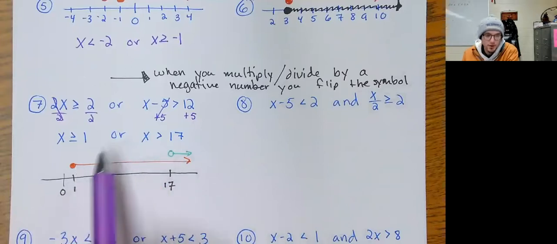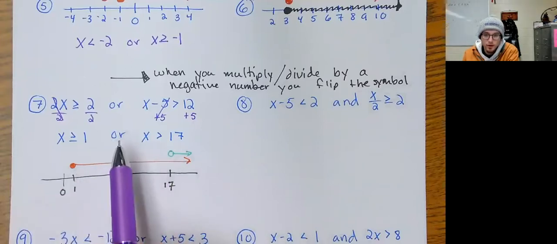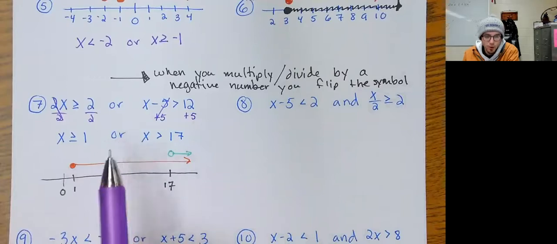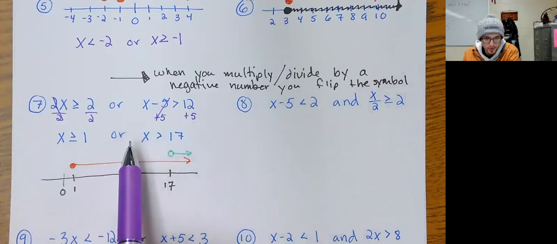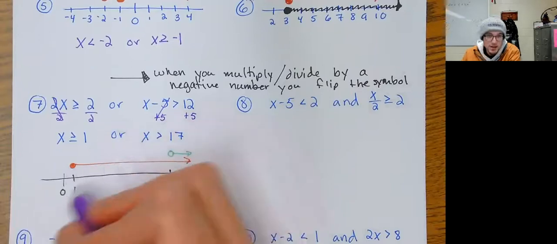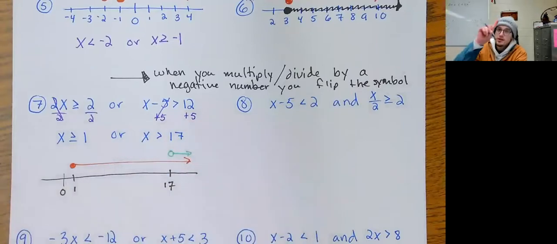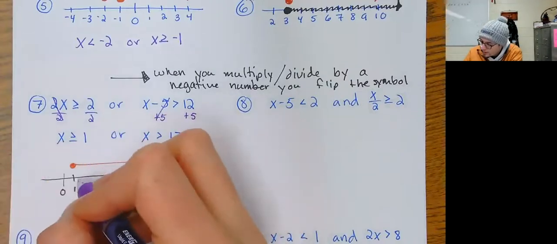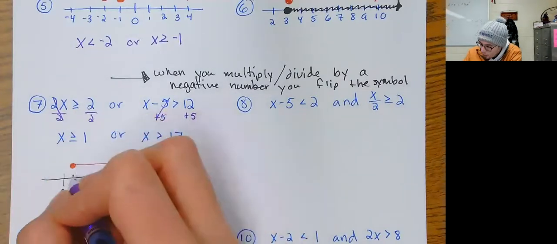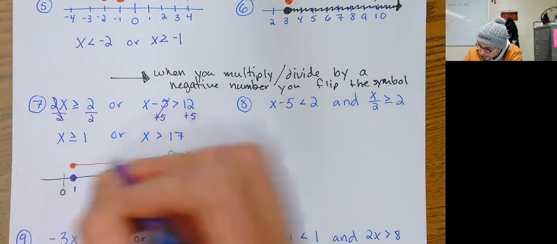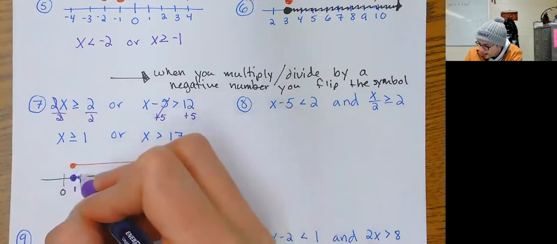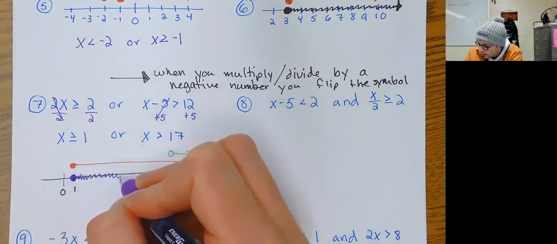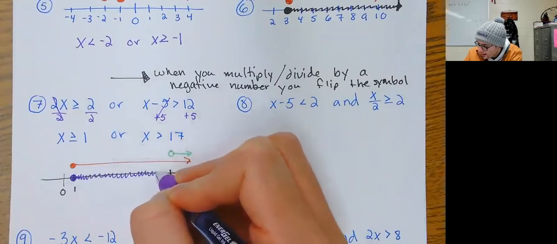Now, this wouldn't work for and. This works for or. Because as long as it's happening for at least one of them, you're good. So all the values starting at 1 and getting greater than that work for at least one, if not both.